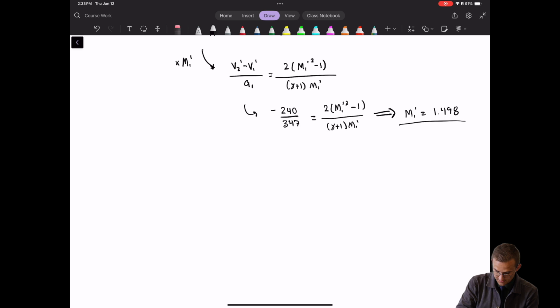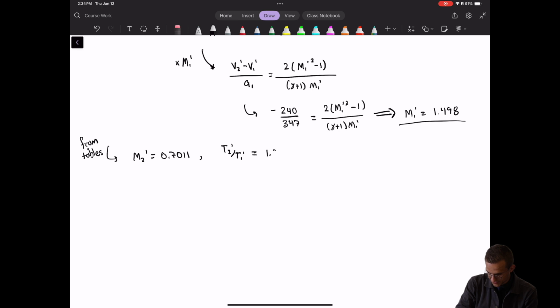And what I mean by that is from the normal shock tables, you can get M2 prime is equal to 0.7011. You can get that T2 prime over T1 prime is equal to 1.3202. You can get that P2 prime over P1 prime is equal to 2.458.